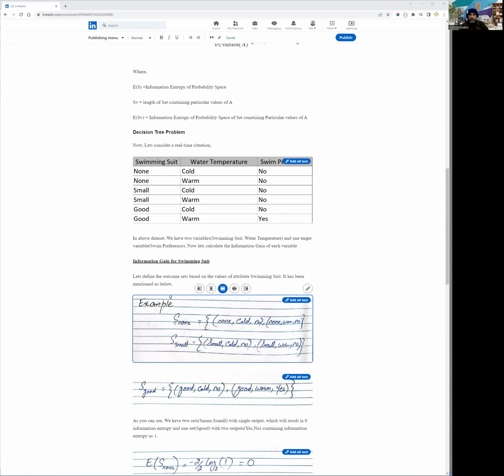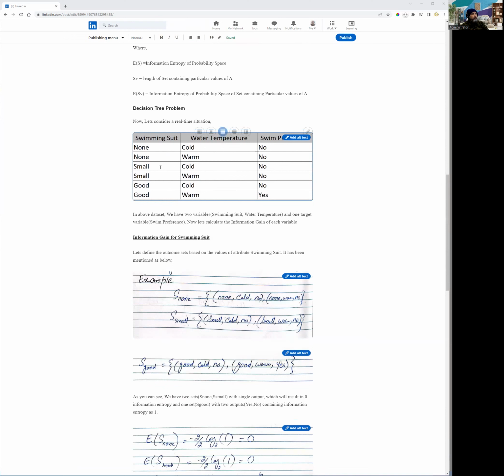That's why the number of sets is going to be 3, and each set, as we can see, has two outcomes. So we just put the members of the set, the values which are inside of the set, right? So obviously for none we have a combination of none, cold, no, and none, warm, no.